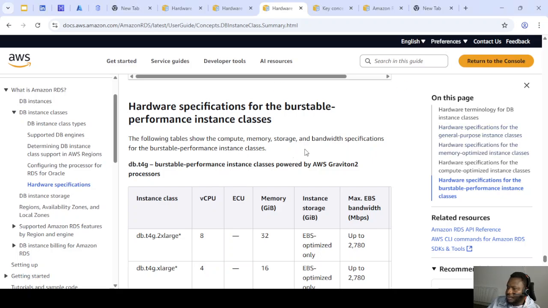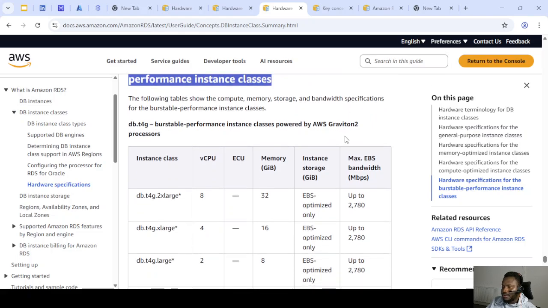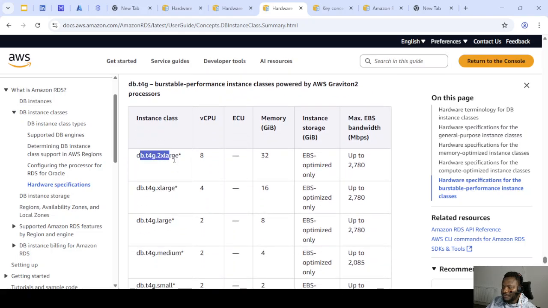Yeah, so we are with hardware specifications for burstable instance classes. Remember, guys, burstable instances are instance classes with a T, right? The instance class starts with the T. Remember that. So you can see T4, the number of vCPUs, the memory, the EBS specifications, the bandwidth.